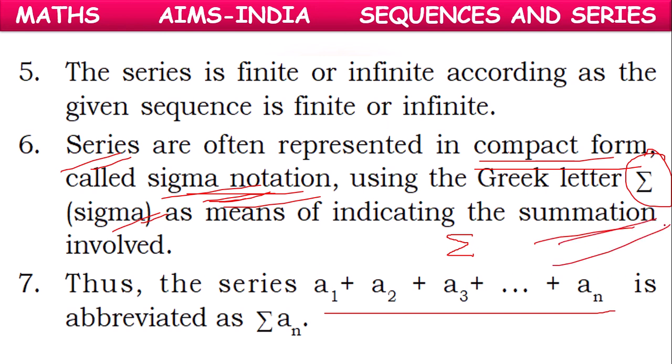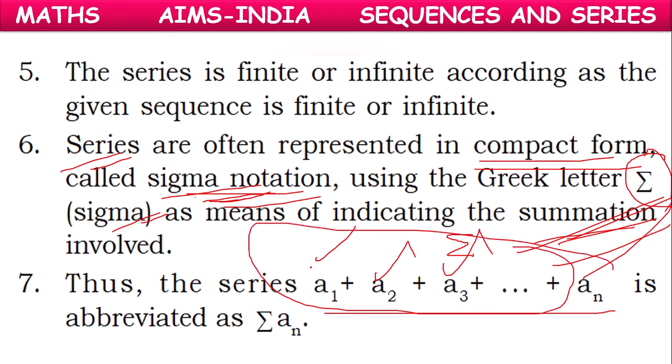In the case of terms, sigma indicates summation of the terms. Suppose we have a series A1, A2, A3 and so on up to An. This expanded form can be written in compact form or sigma notation by using this sigma symbol as sigma of an, meaning the sum of the first term to n terms, sigma of an.